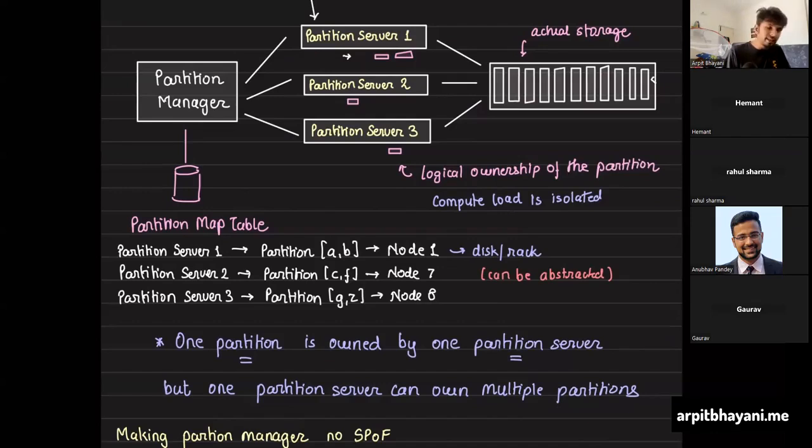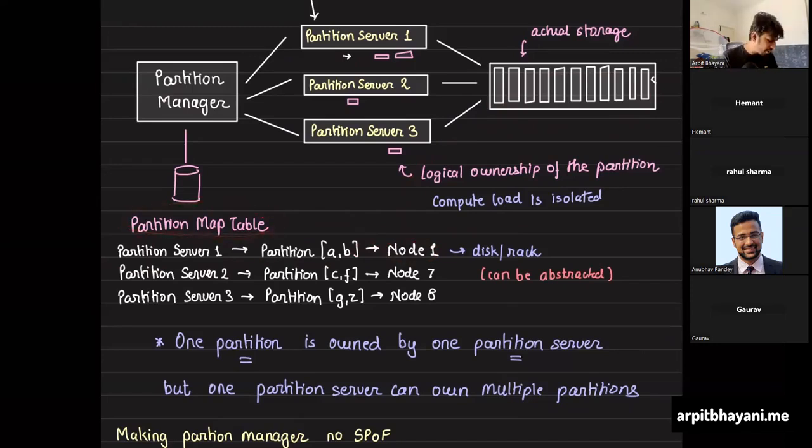But when a request comes in for a particular partition, from the partition map table we would know that this partition server handles partitions from A to B. So everything around A to B goes to partition server 1, which in turn knows it is part of node 1. So it will go to node 1 and read the data and whatnot, right? This is the kind of metadata that is stored in the partition map table.